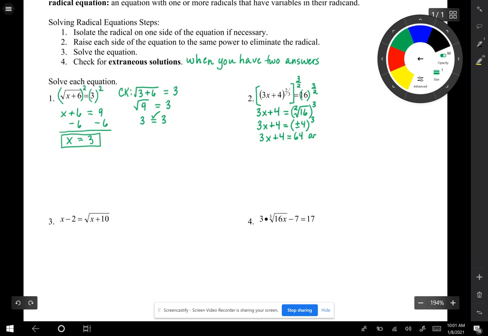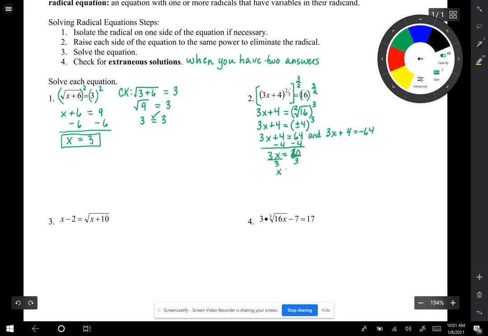And 3x plus 4 equals negative 64, because negative 4 times negative 4 times negative 4 is negative 64. Subtract 4 on both sides. 3x equals 60. Divide by 3.